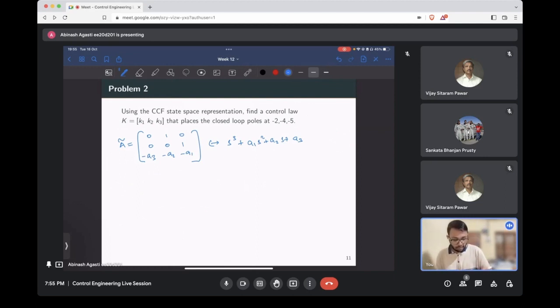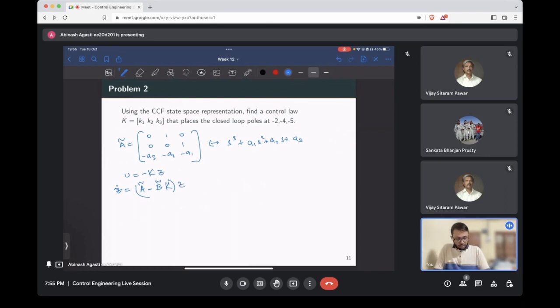Okay, just a minute. So now when we apply u equals minus Kx, what we'll have is z dot equals A tilde minus K z. Z dot is A tilde minus B tilde K z, right?